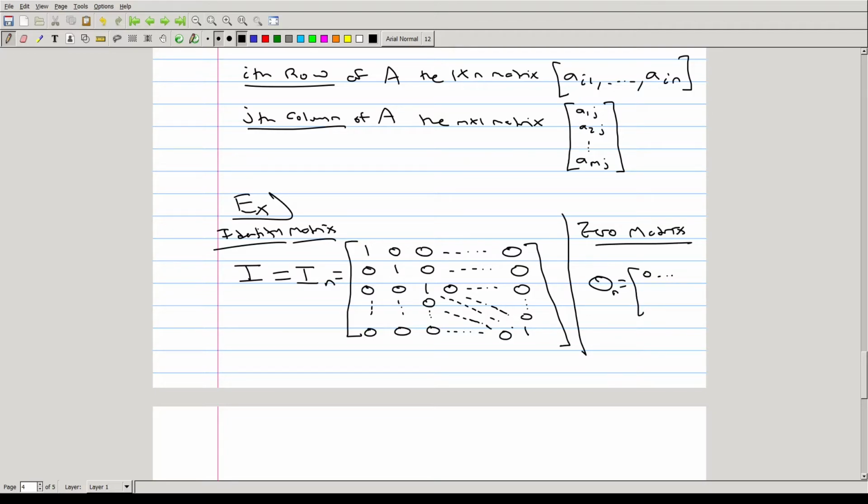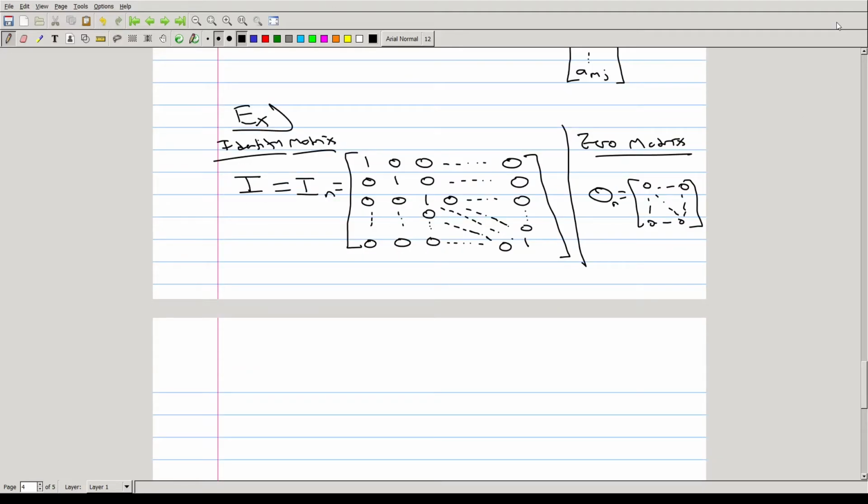This is just a matrix with zeros everywhere. And there are many different other special examples that you can come up with. But we sometimes say that the identity matrix is the same thing as what's called the Kronecker delta function, which is a function of i and j, where it's 1 if i is equal to j, and 0 if i is not equal to j.